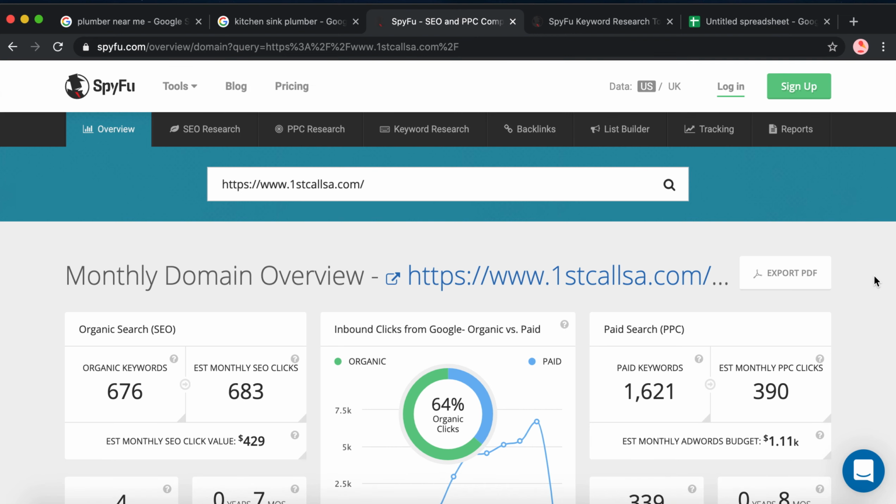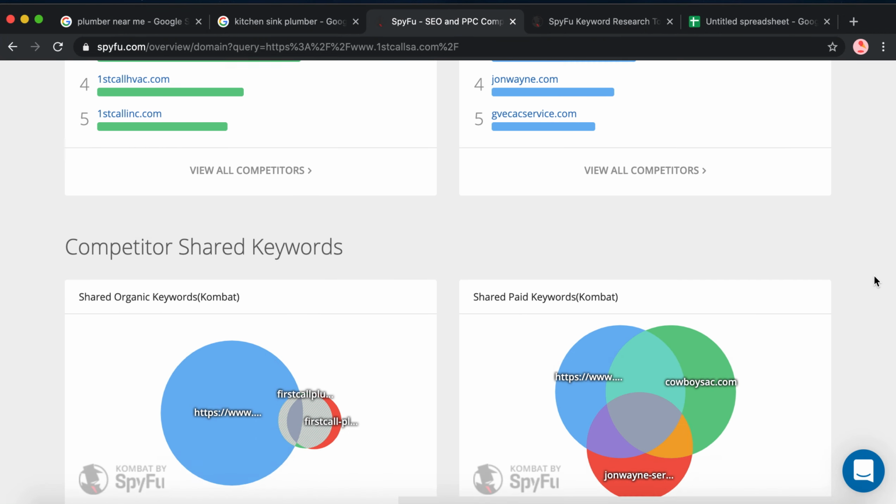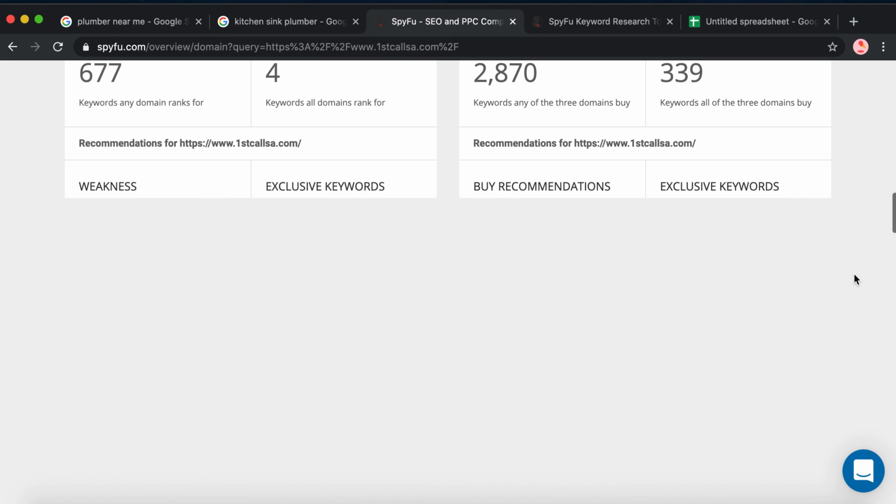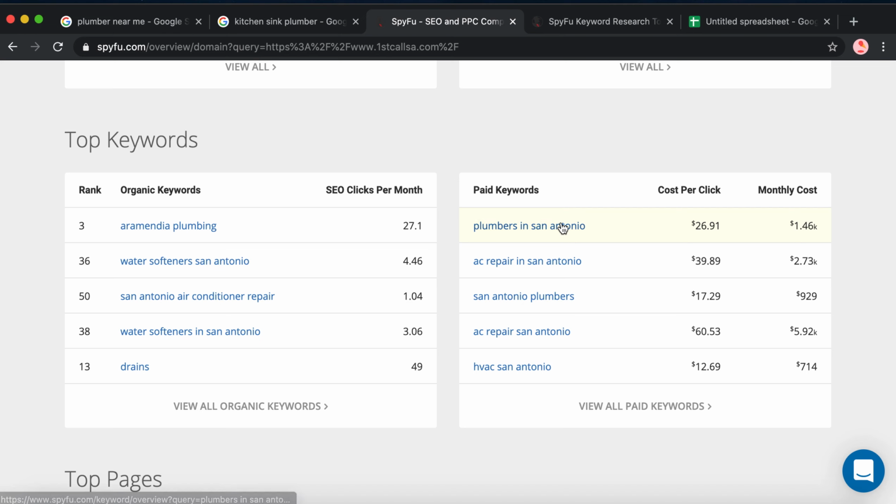But here, what I would suggest would be to gather maybe 3 or 4 competitors and see how much they're spending. And if we scroll down, you'll see their competitors in terms of which keywords they're both bidding on. And if we scroll down even more, it'll tell you which keywords they're actually triggering.